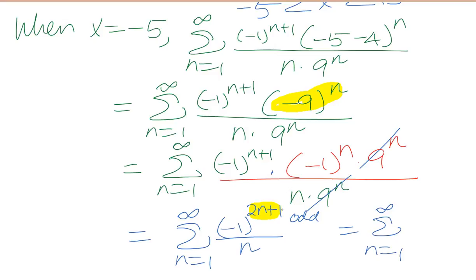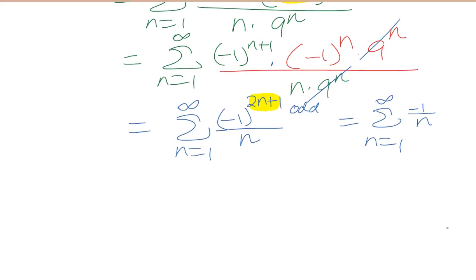Negative 1 to an odd number is always negative 1, isn't it, guys? It will never be positive 1. Now what we can do is, this is negative 1 times 1 over n. I can pull the negative out. Why? The constant from a constant multiple can be pulled out of the summation sign.